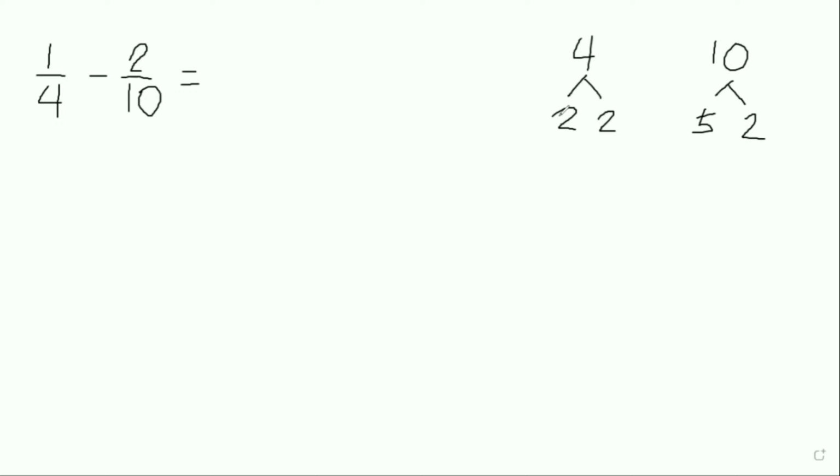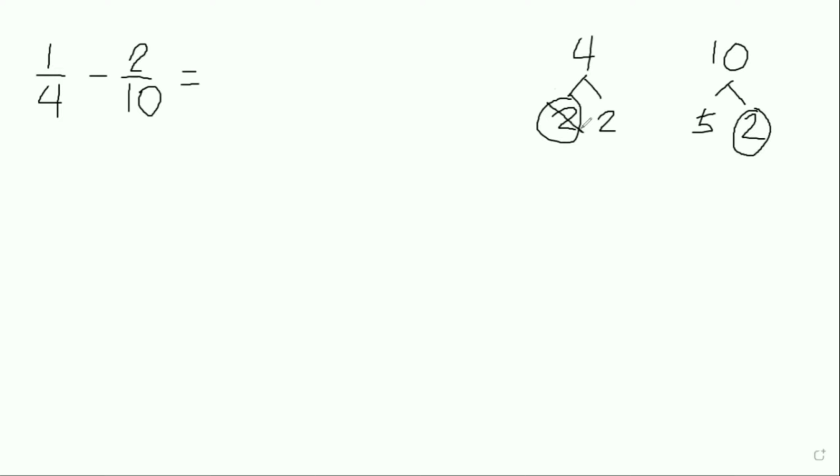Kapag yung mga nasa baba ay prime numbers na, yung 2 prime number na yan, yung 5 prime number na rin, stop na. Hindi na natin sila ma-factorize. I-compare natin yung factors nung dalawa. Meron ba siyang magkapareho? Meron, parehong 2. May 2 dito, may 2 rin dito. Kapag ganyan, in finding LCD, ika-cancel natin yung isang side.